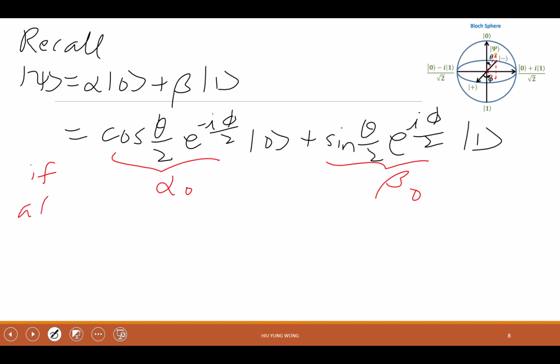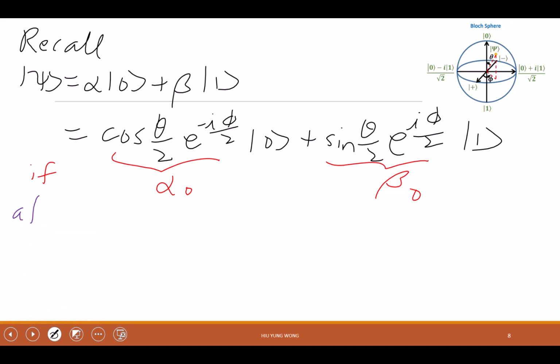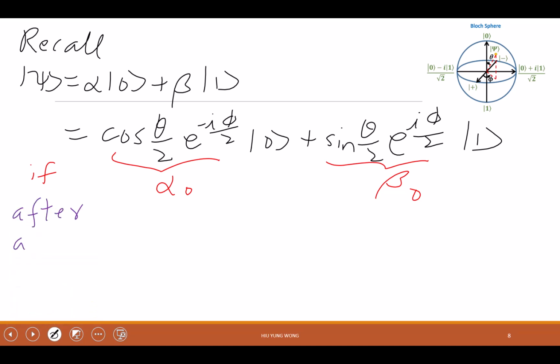Then after applying the Hamiltonian H, what would it be?